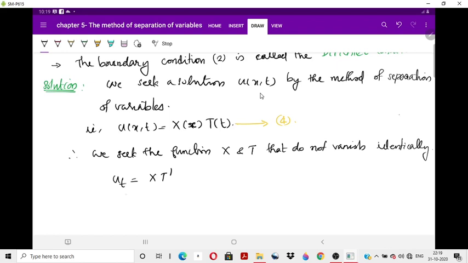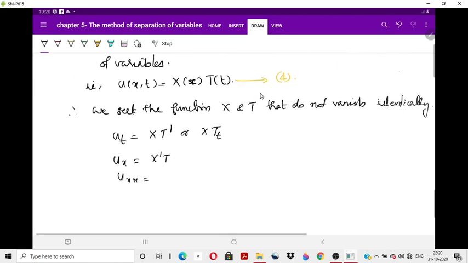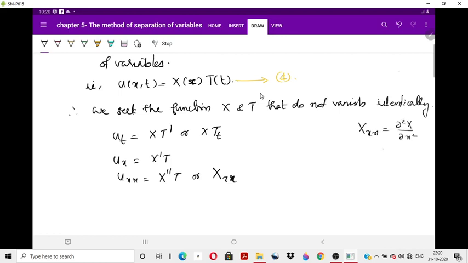So u_t will be X T prime, or X dT/dt. Then u_x is X prime T, and u_xx will be X double prime T, or d squared X by dx squared, since it is a function of x alone.